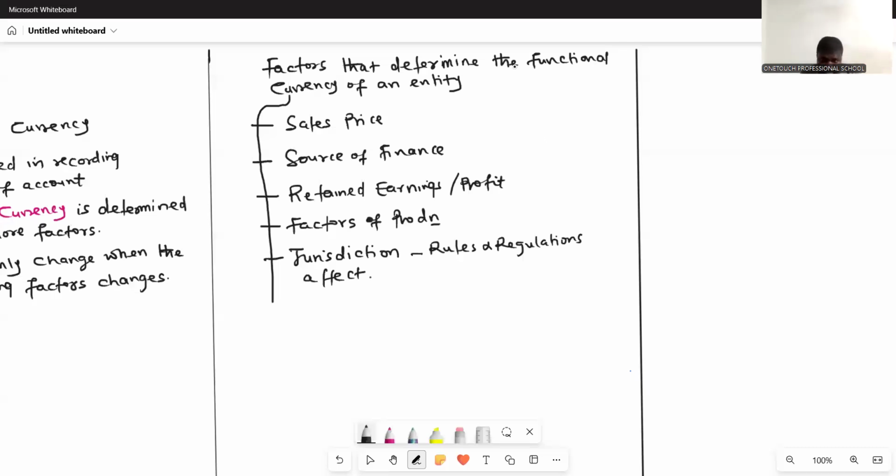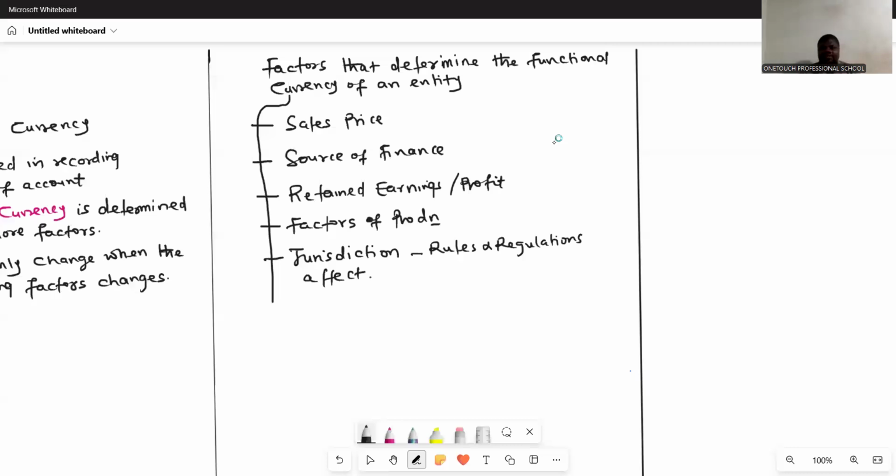Sir, my question is, recently in the news, I learned that most of the IPPs, the independent power producers for electricity, were paid in dollars. And I want to find out, with regards to the functional currency, those IPPs, can we say that their functional currency is dollars?